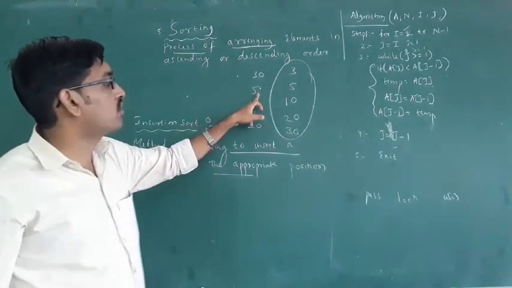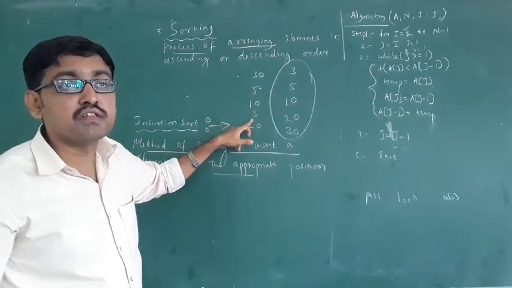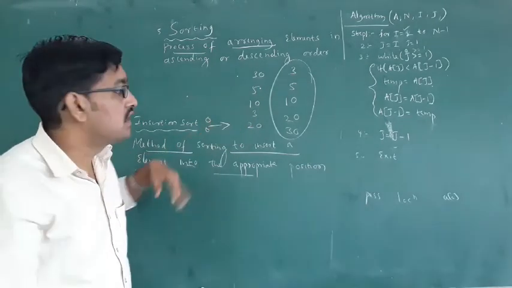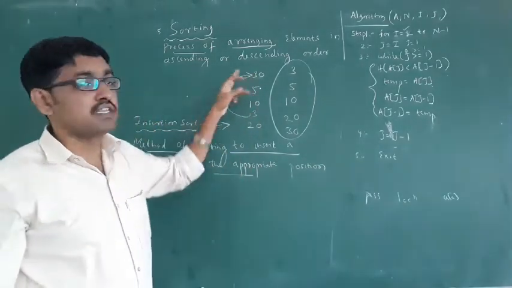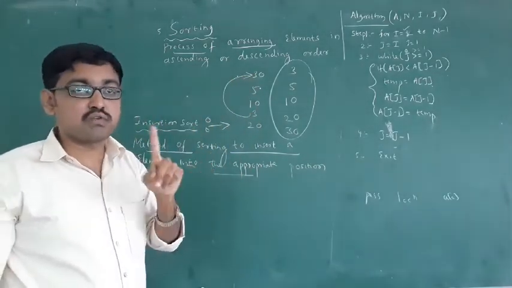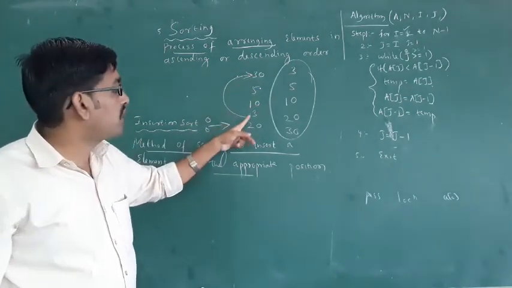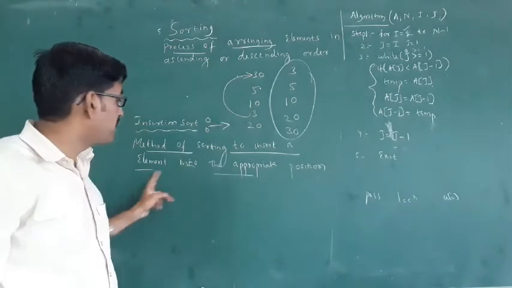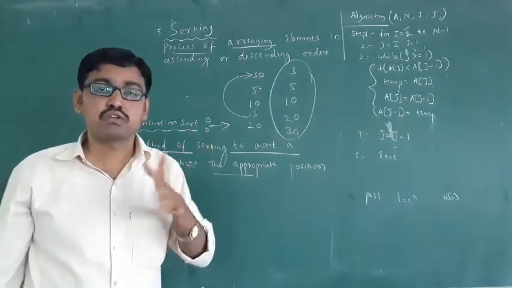For example, 5 and 3. In which position do you have to insert? You have to insert 3 into the first position, then only it will sort, otherwise not. Your element can be inserted in an appropriate position; that is called insertion sort.